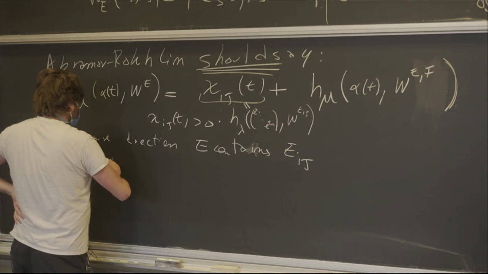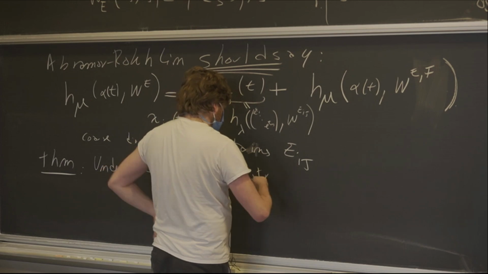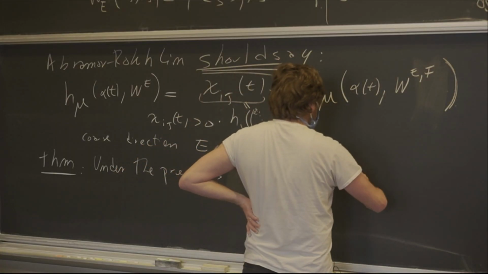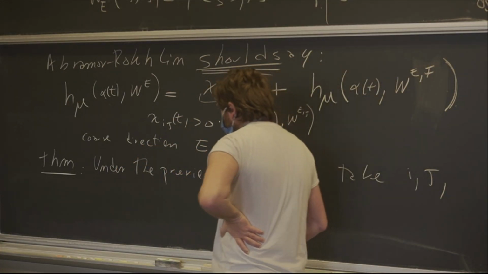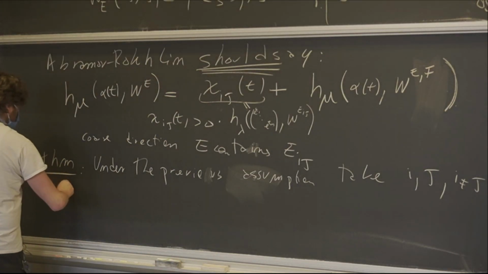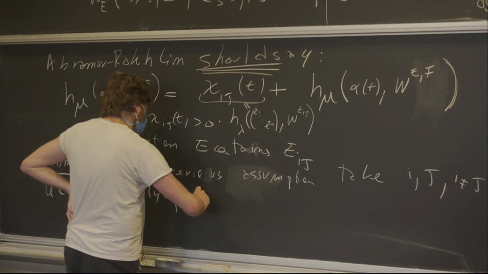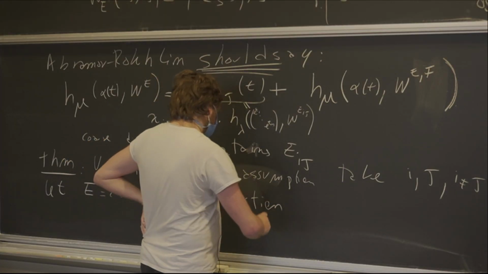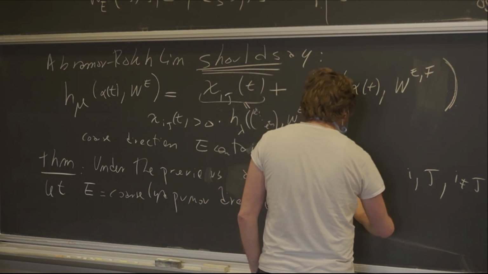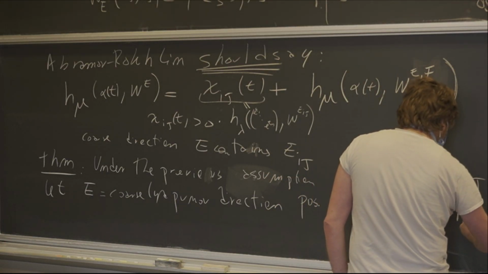So, under the previous construction, or assumption more than construction, we take ij, i different from j, let E be a coarse Lyapunov direction positively proportional to chi ij equals ti minus tj.